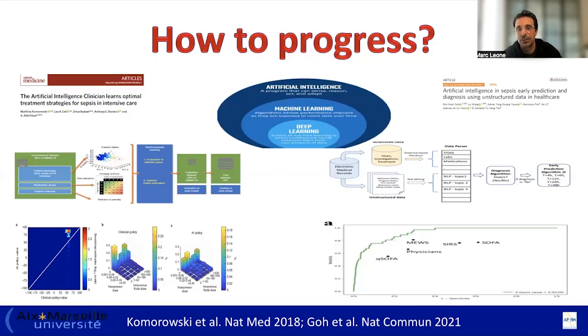And now there is this wonderful paper showing that artificial intelligence may help in the prediction and diagnosis of sepsis better than quick SOFA, better than physicians, better than other scores, computing many variables and information that a single physician cannot do alone.